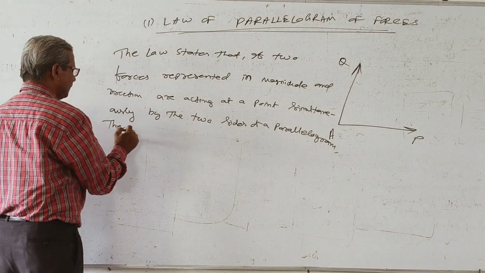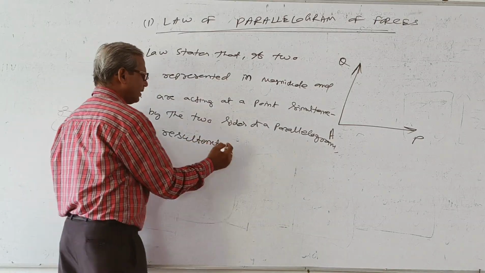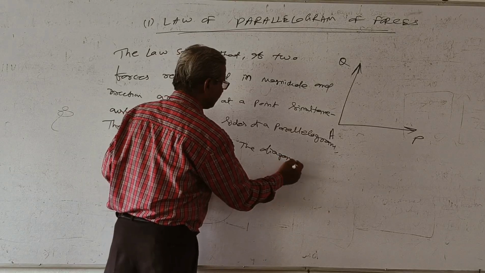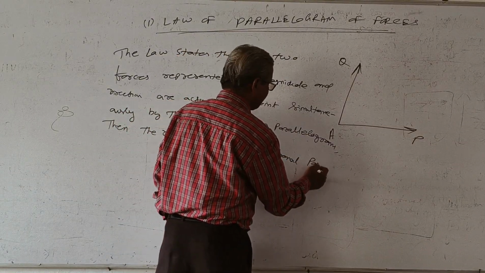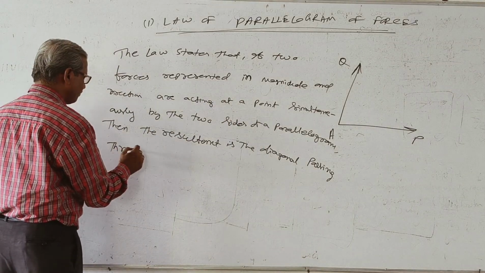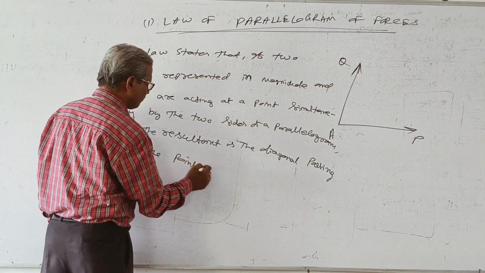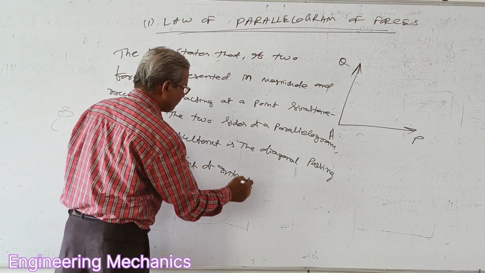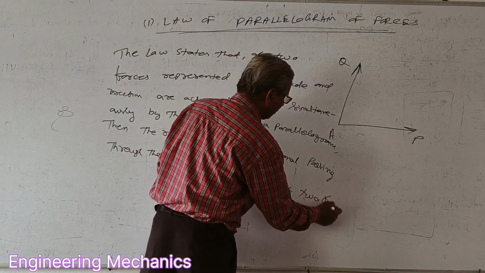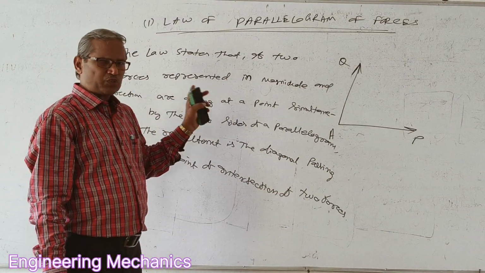Then the resultant is the diagonal passing through the point of intersection of the two forces. This is the law of parallelogram of forces.